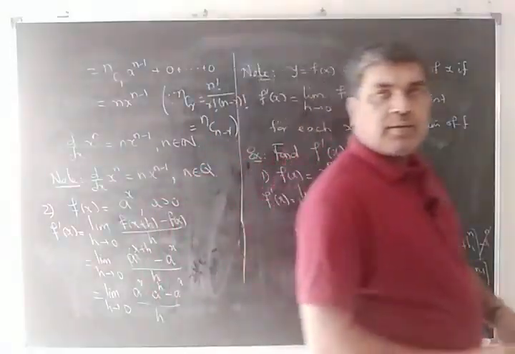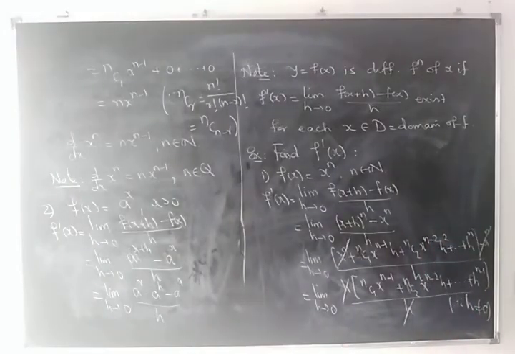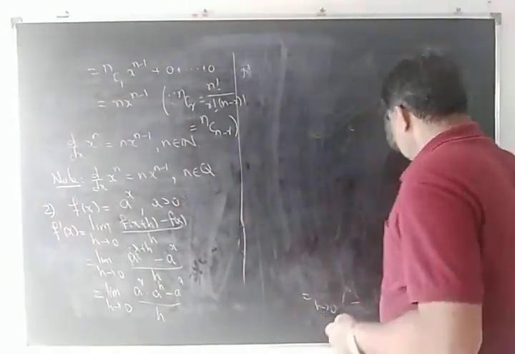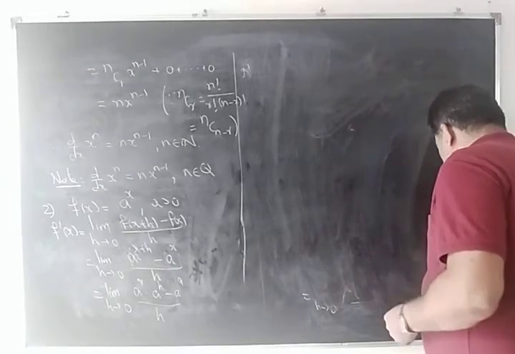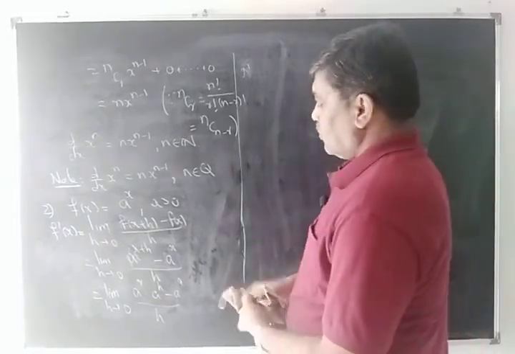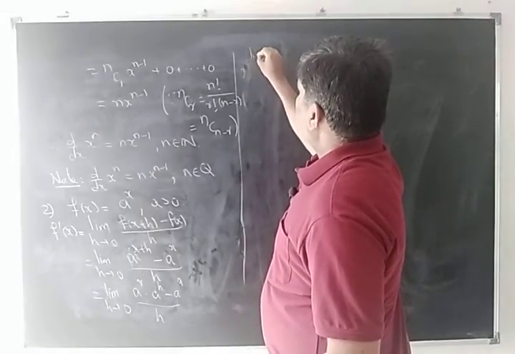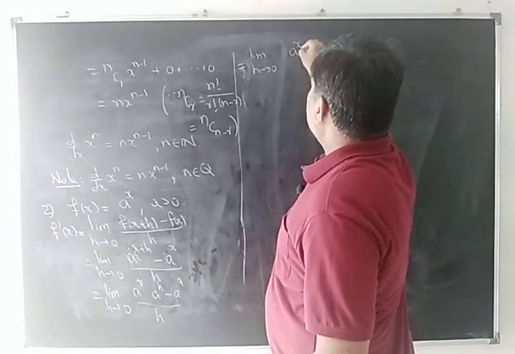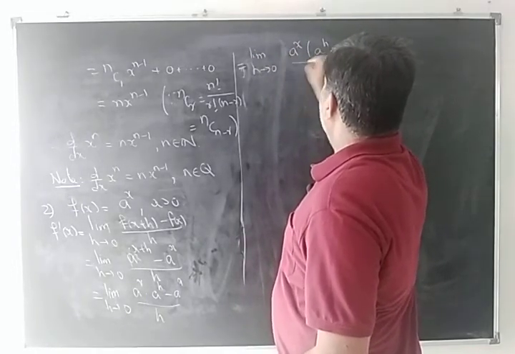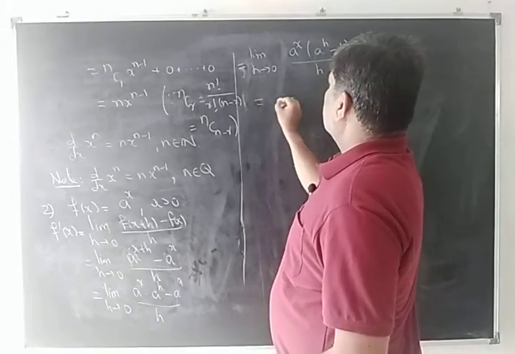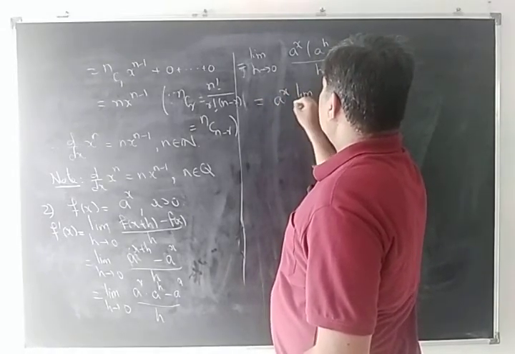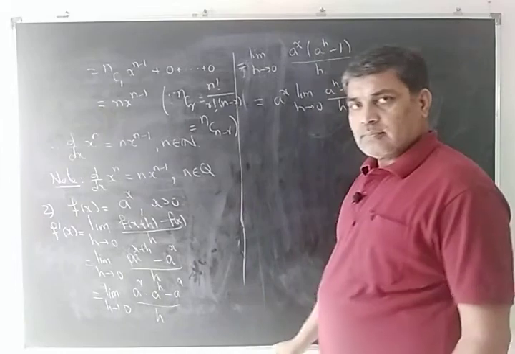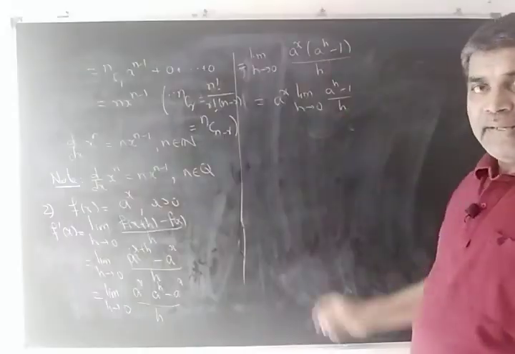Now, if you take a^x outside, which is nothing but limit h tends to 0 of a^x in bracket (a^h minus 1) upon h, that is a^x into limit h tending to 0 of (a^h minus 1) upon h, and you have taken this to be log a.